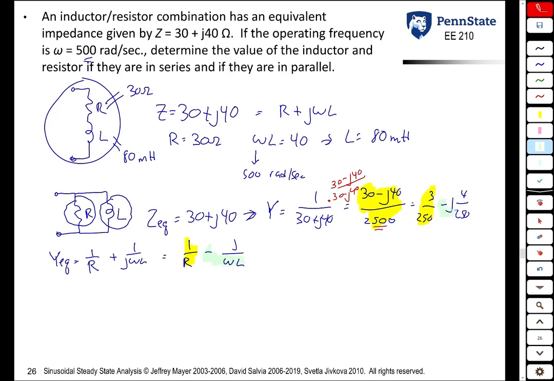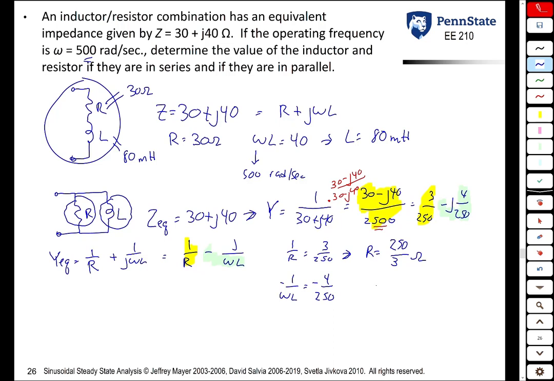and match the real and imaginary parts. So we get 1 over R is 3 over 250. So the resistance in this case is 250 over 3 ohms. We also get minus 1 over omega L equals minus 4 over 250.